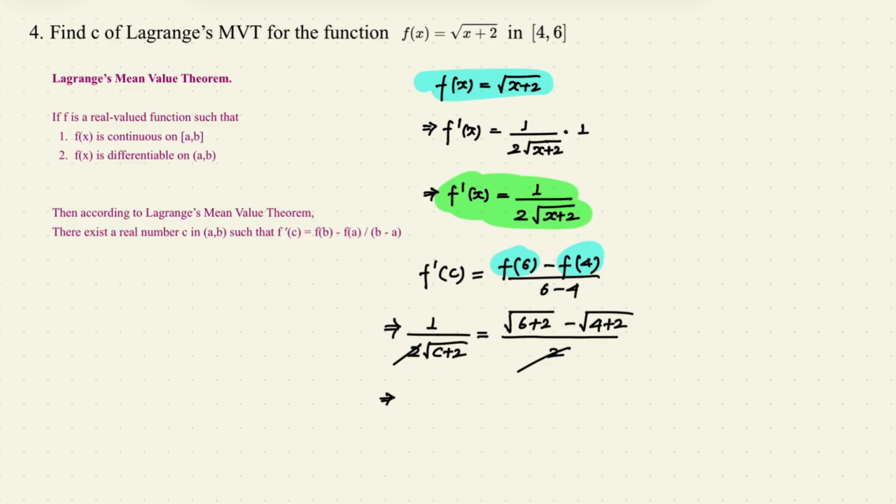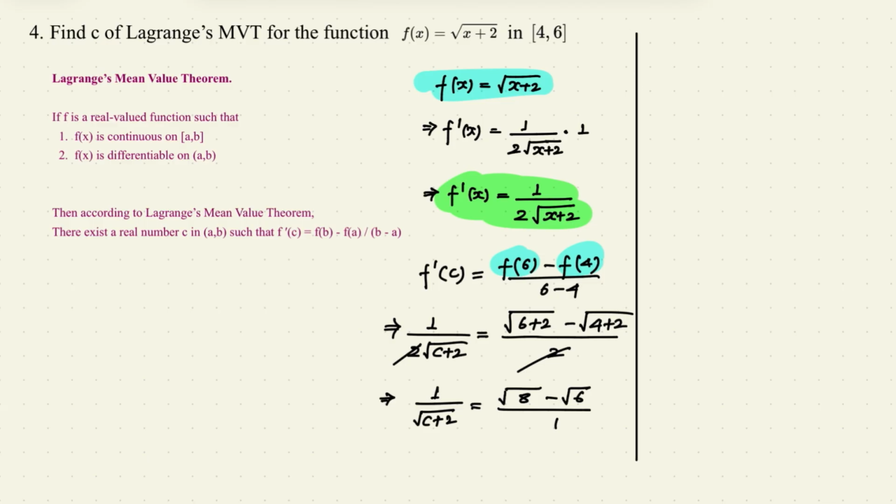So this implies 1 over square root of c plus 2 equals square root of 8 minus square root of 6 by 1. On cross multiplying, we will get square root of c plus 2 equals 1 by square root of 8, which can be written as 2 root 2, minus square root of 6.